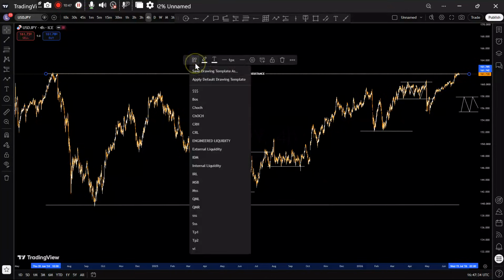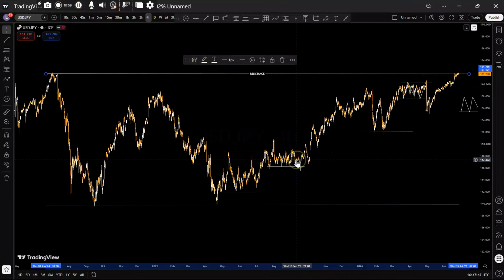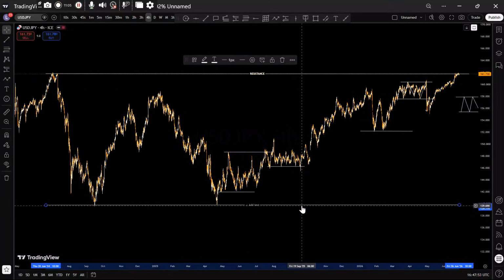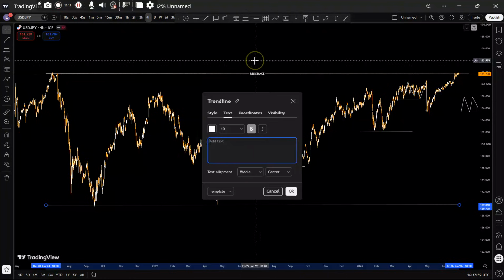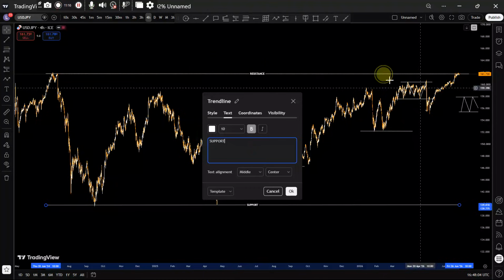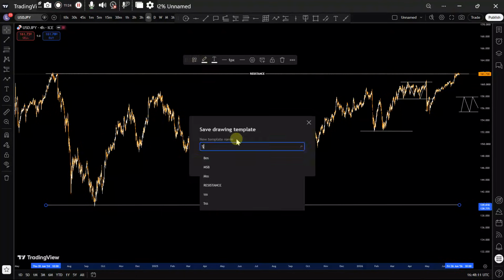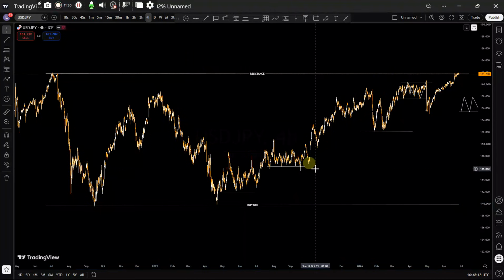That's our resistance zone, and that's our resistance, and we have our support here, and our support here.